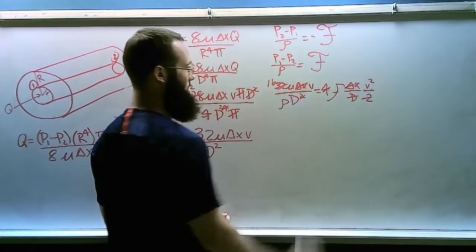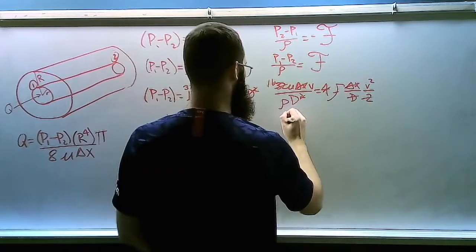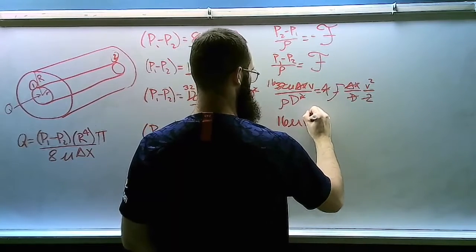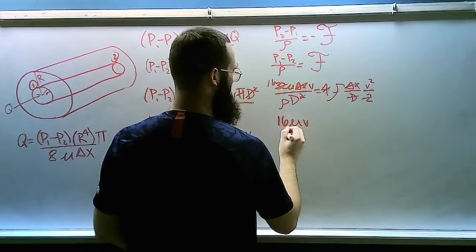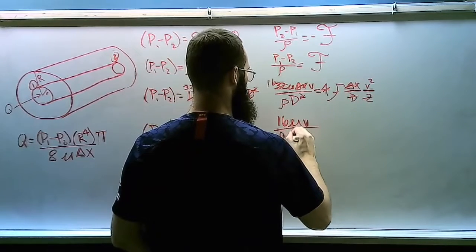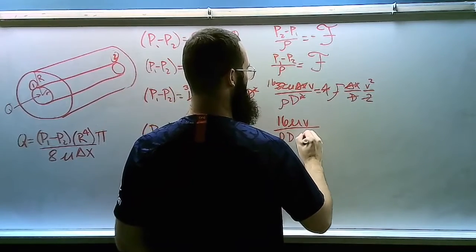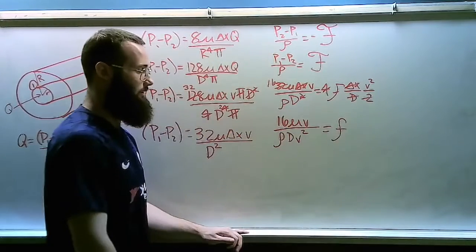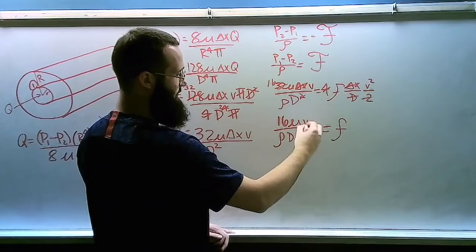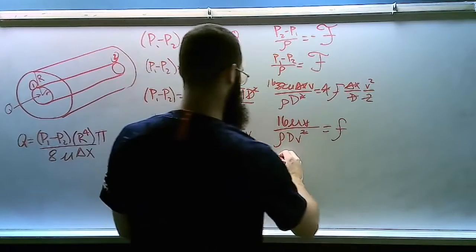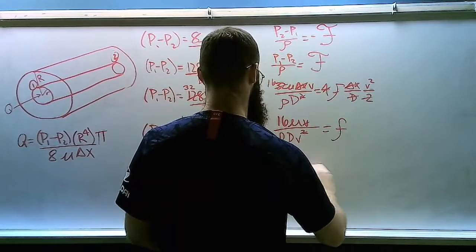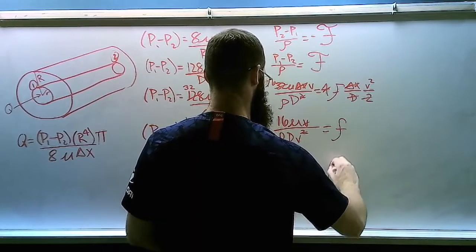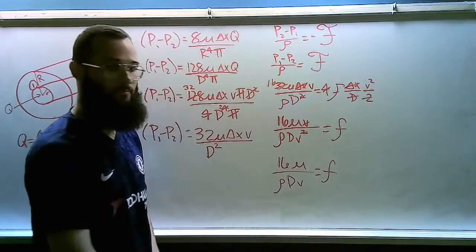Then divide that across gives us 16. So now we're left with 16 mu v over rho d v squared is equal to the fanning friction factor. And we still have a v that we need to cancel. So 16 mu over rho d v is equal to the fanning friction factor.